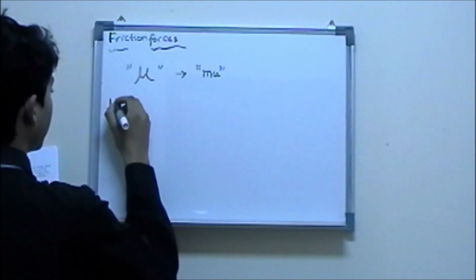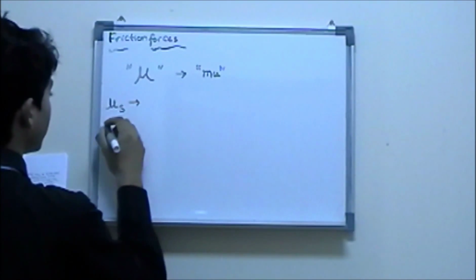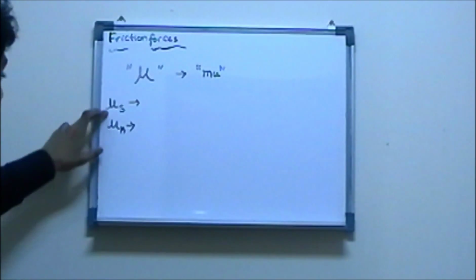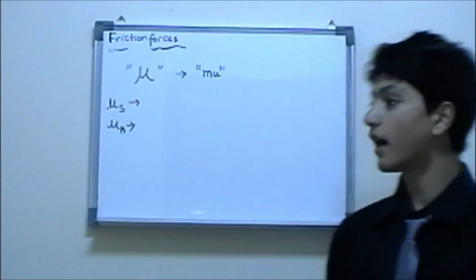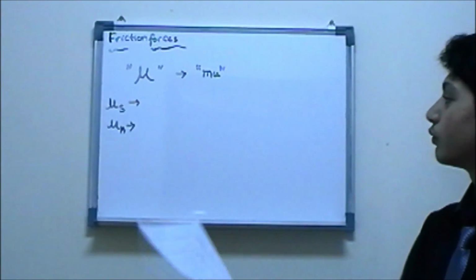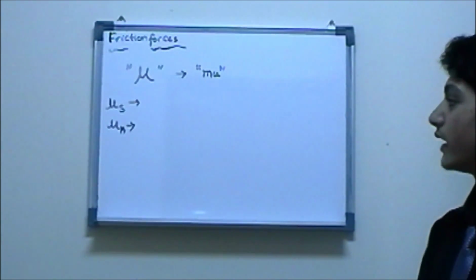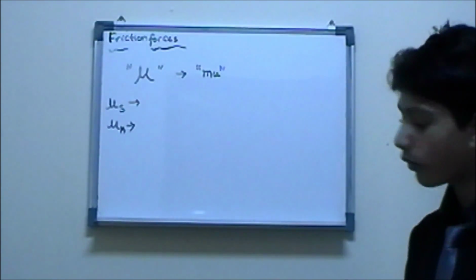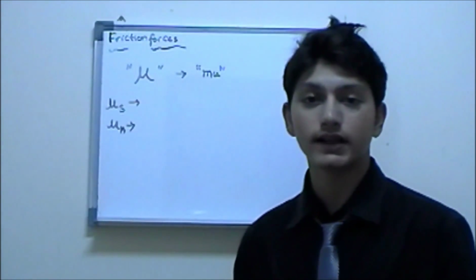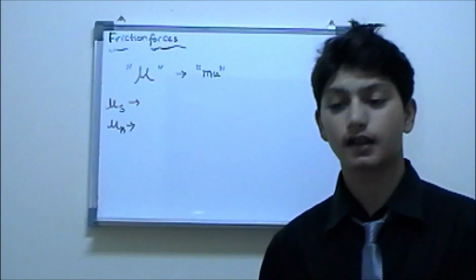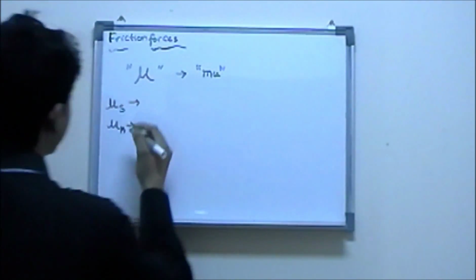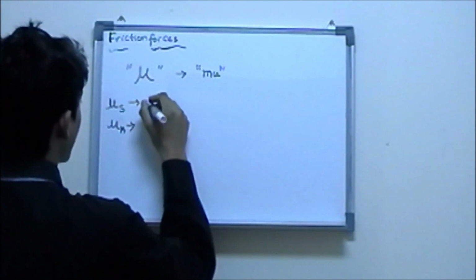One is static mu and one is kinetic mu. These symbols are in the chart which I have given you in the description. Here's the difference between static mu and kinetic mu. If you see the word static, it means it's not moving, it's at rest. So static basically means an object which is not in motion.